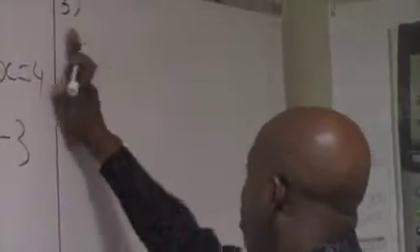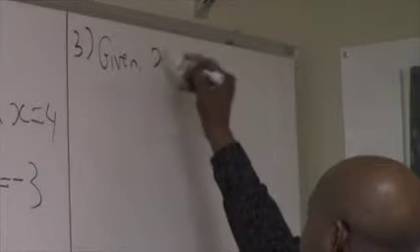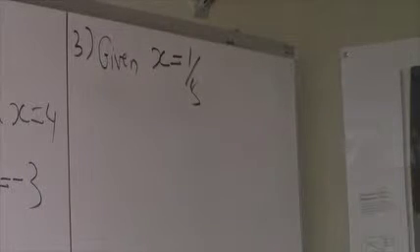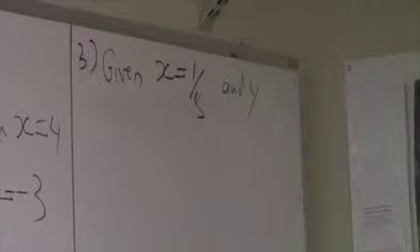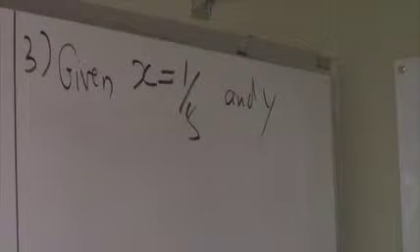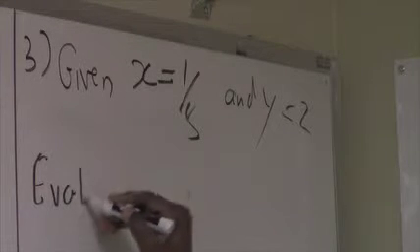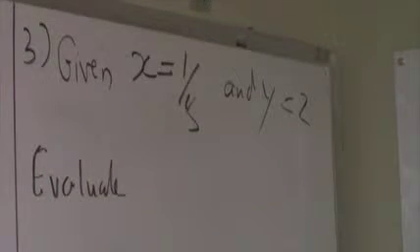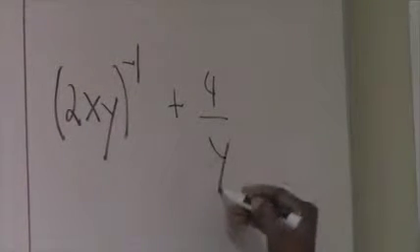It says given x is equal to 1 over 5 and y is equal to 2, we have to evaluate the expression 2x y to the negative 1 plus 4 over y to the negative 1.